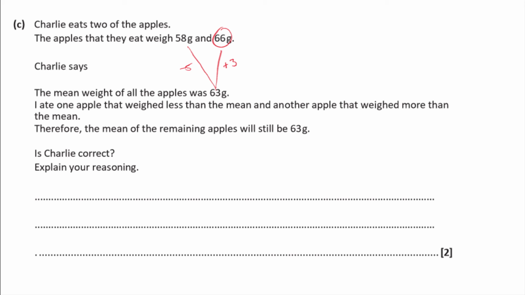Okay, so I'm going to have to write that in words somehow. I'm going to say the difference between the mean and the 2 eaten apples is -5 and 3.